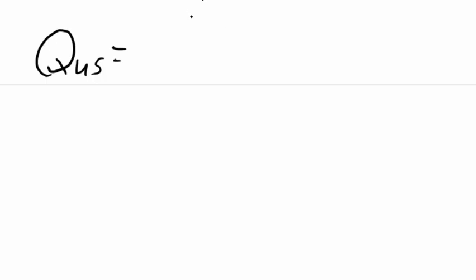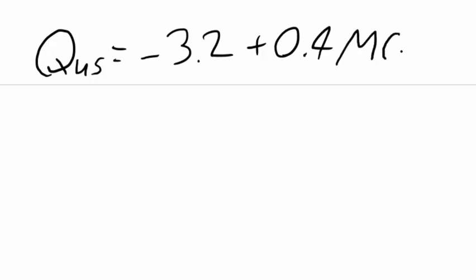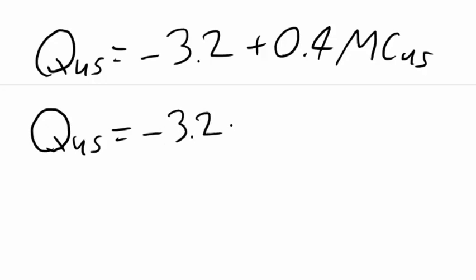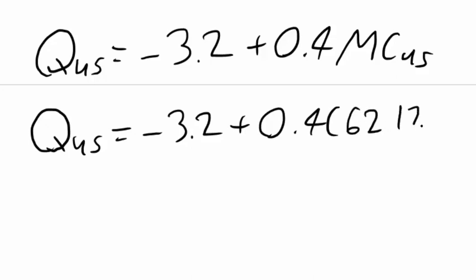Next, we'll look at the quantity of US, and that was negative 3.2 plus 0.4 times the marginal cost of the US. Since we know what the marginal cost of the US is, we would just plug it in. So we have quantity of the US equals negative 3.2 plus 0.4 times 62.12.